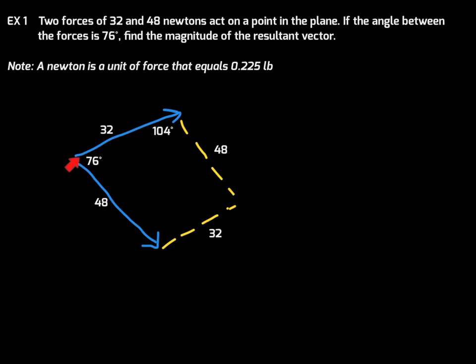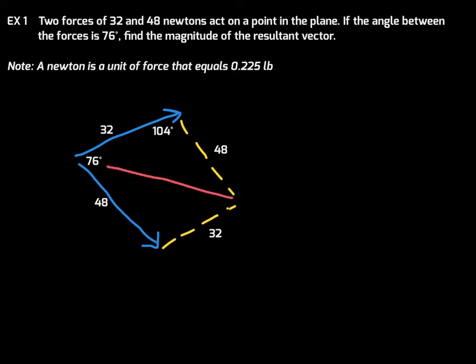Notice that both, and I did this intentionally, both vectors were drawn so that they share the same initial point. So I'm going to draw the diagonal from this common initial point across the parallelogram, and that will be my resultant vector. Basically the sum of my two vectors.